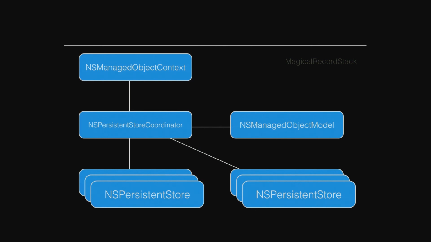One of those scenarios is having multiple stores attached to a single coordinator. It turns out that you can have multiple objects coming from multiple different stores. As long as all of these stores are attached to this coordinator, you can just fetch, and core data will find the right thing for you. It will do all that work via the coordinator, so you don't have to do a lot of work otherwise.